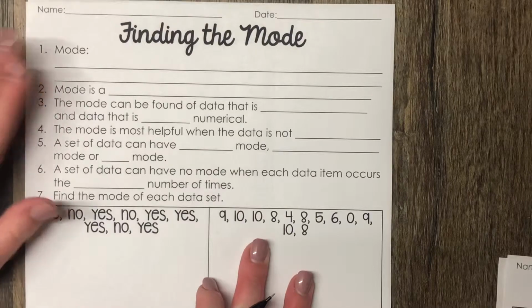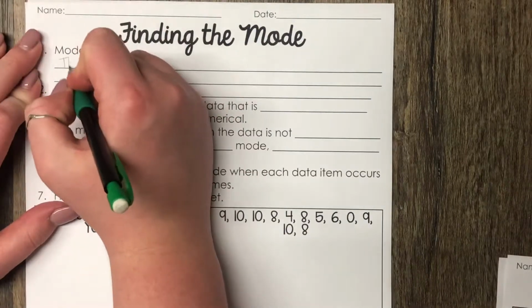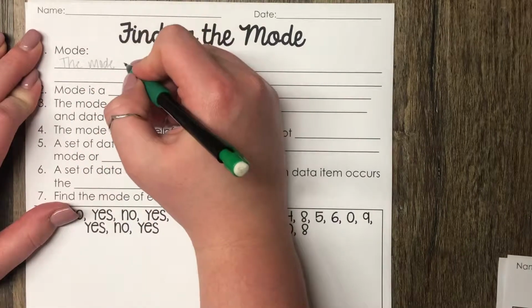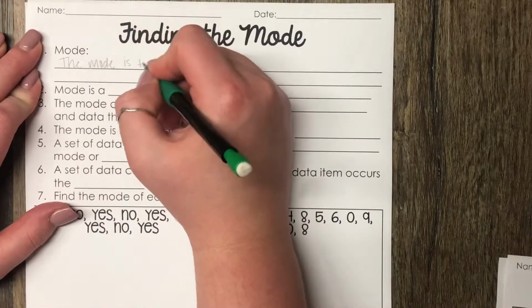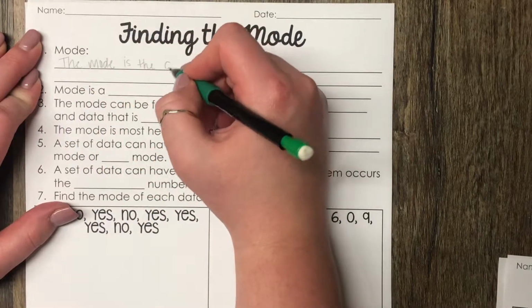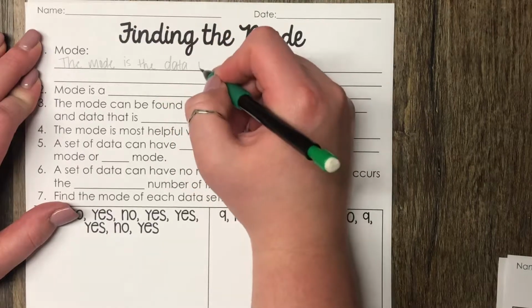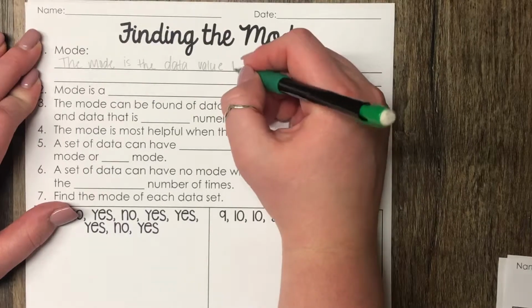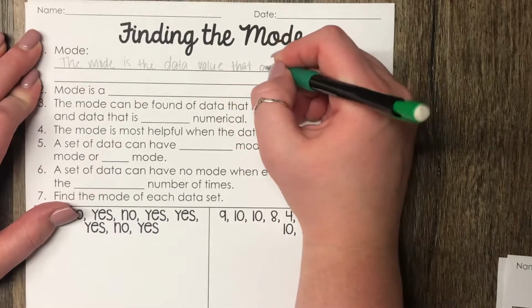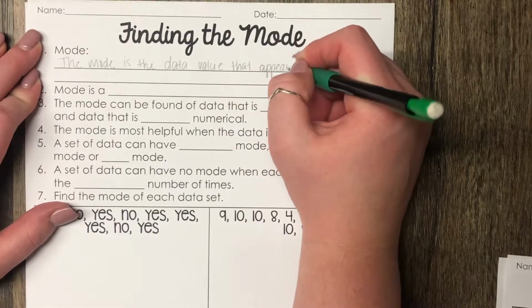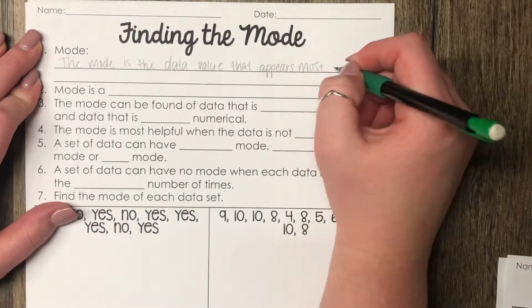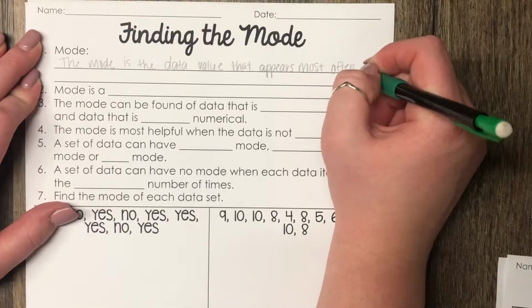What is mode? So the mode is the data value or the number that appears most often.